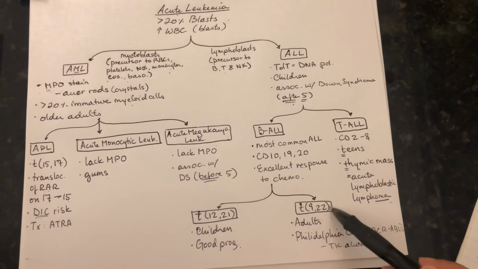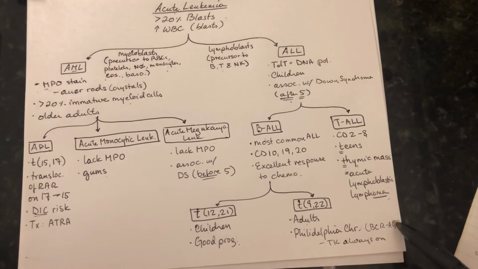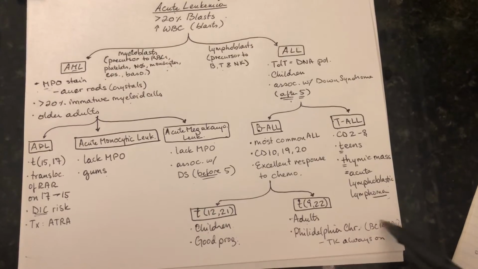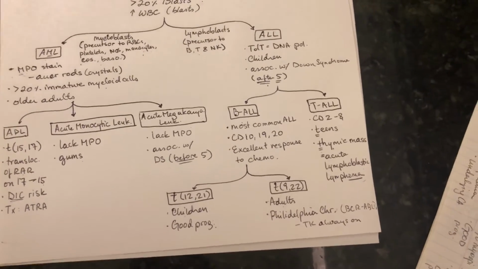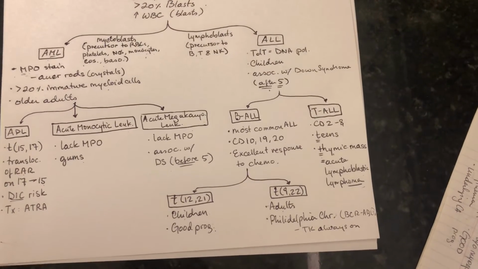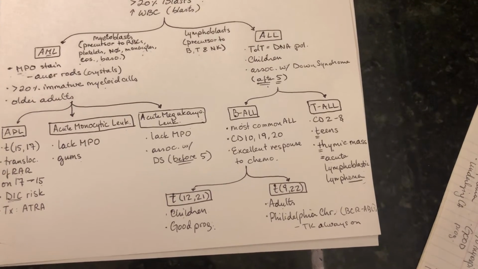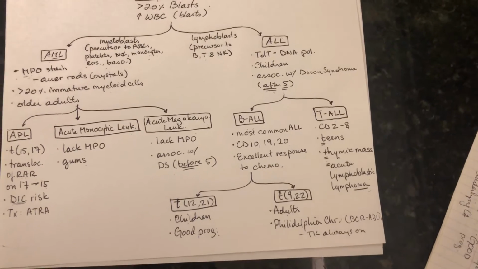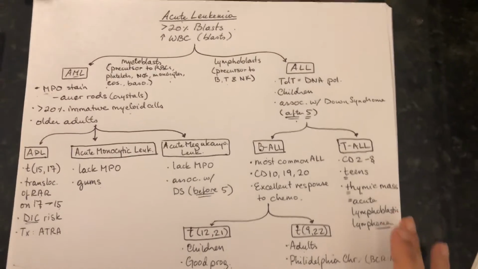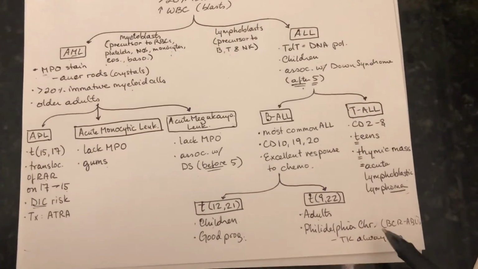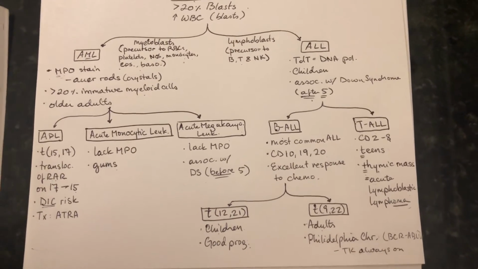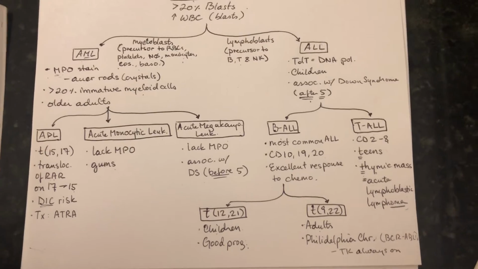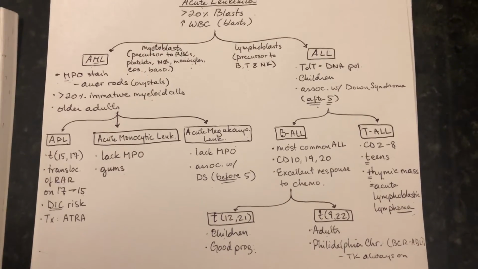And if you recognize this, the Philadelphia chromosome is a fusion between BCR and ABL. This produces a tyrosine kinase that's always on, and so it's always inducing cell transcription, and that leads to uncontrolled cell division. And that's pretty much it.